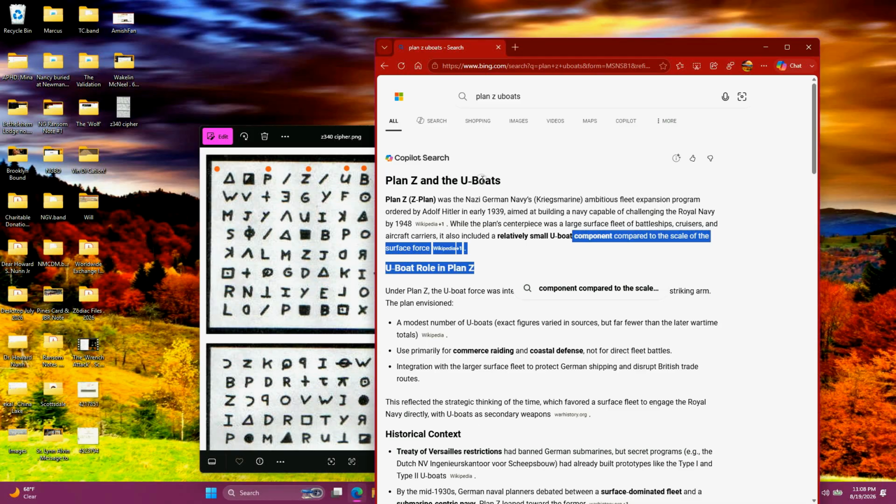Minus the dash in the OATS. So this would be your Wheel of Fortune letters that you were able to extract. You say, we're going to give you P, you found a Z, you bought a vowel, you got a U, and you had a B. And you go, Plan Z, and the U-boats. That's Zodiac code.